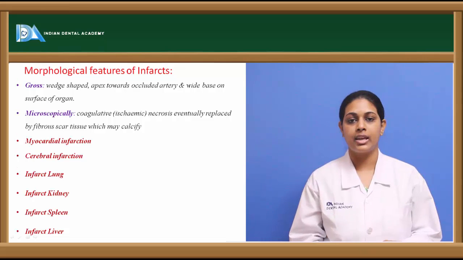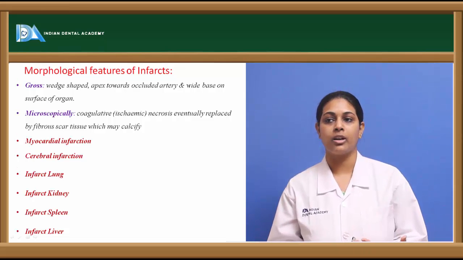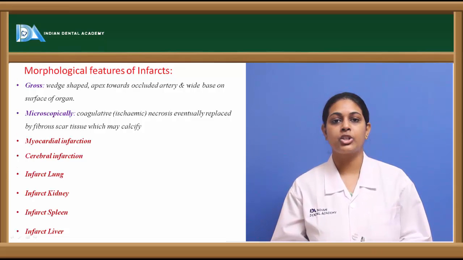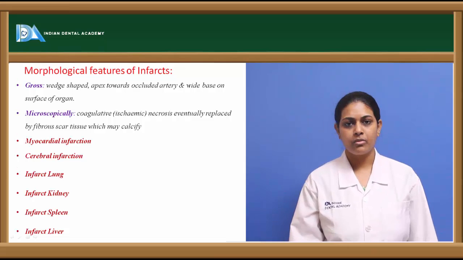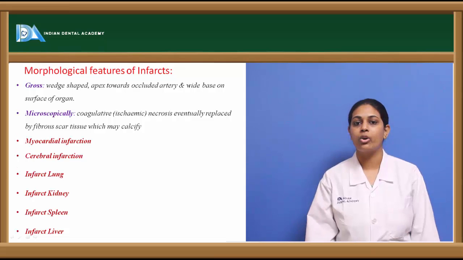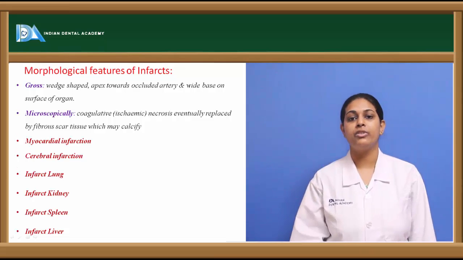Microscopically, we see that the neurons are damaged, as well as gliosis, that is, complete replacement of the microglial cells with necrosed tissue, which is nothing but an infarct area.